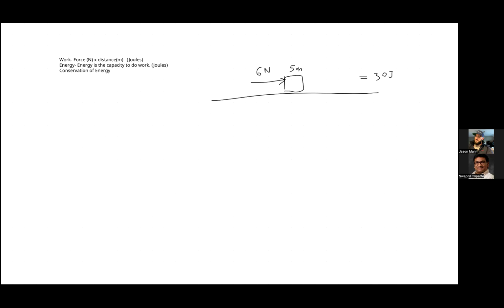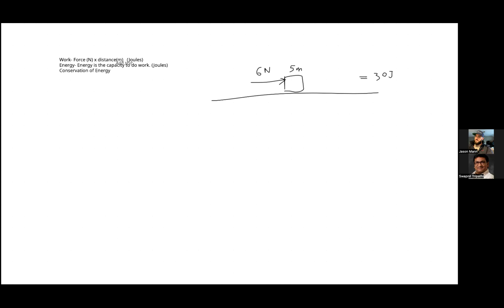However, there's another thing about work, which is that the displacement should be... I kind of more casually use the word distance, but this should be displacement.